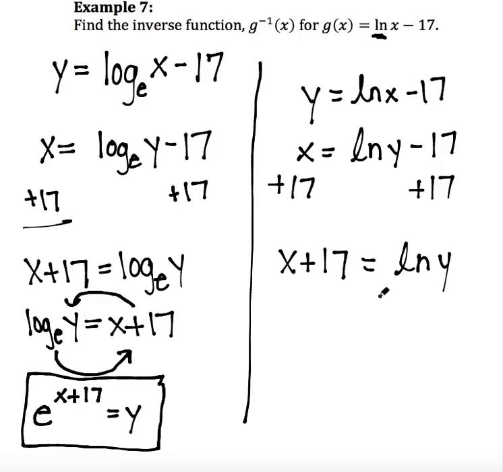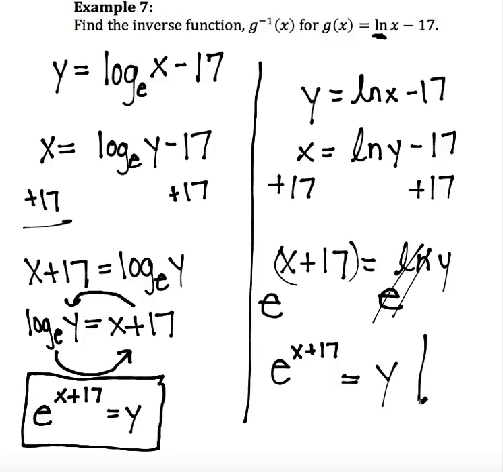So we're going to take e raised to the natural log of y and e raised to the x plus 17. That's going to give me e to the x plus 17 on the left-hand side equals, we know e and natural log are inverses, so they undo each other, equals y. Again, either way, you're going to get the same answer.